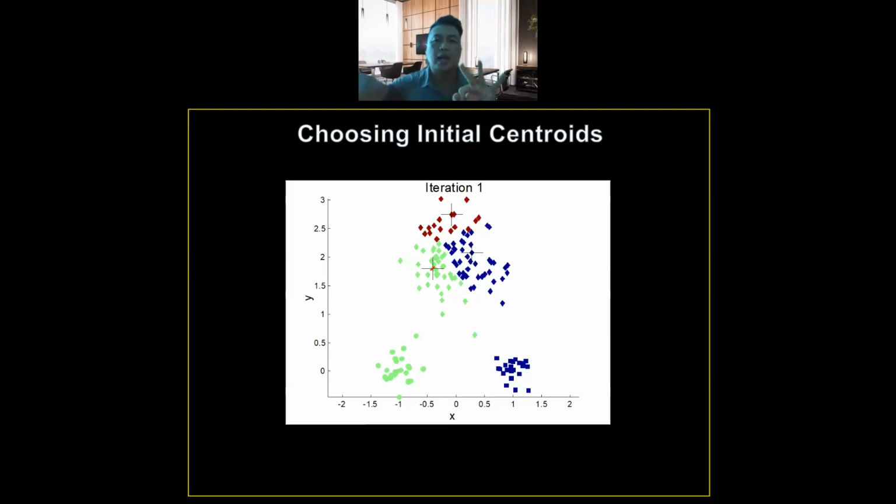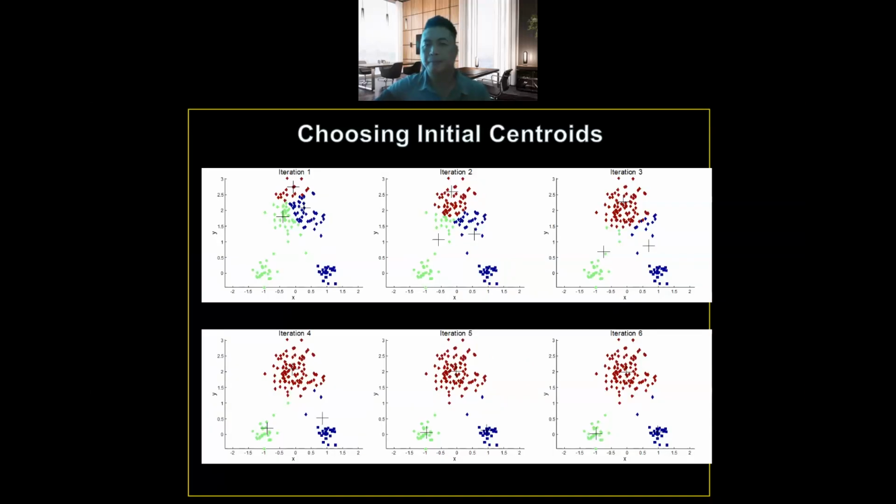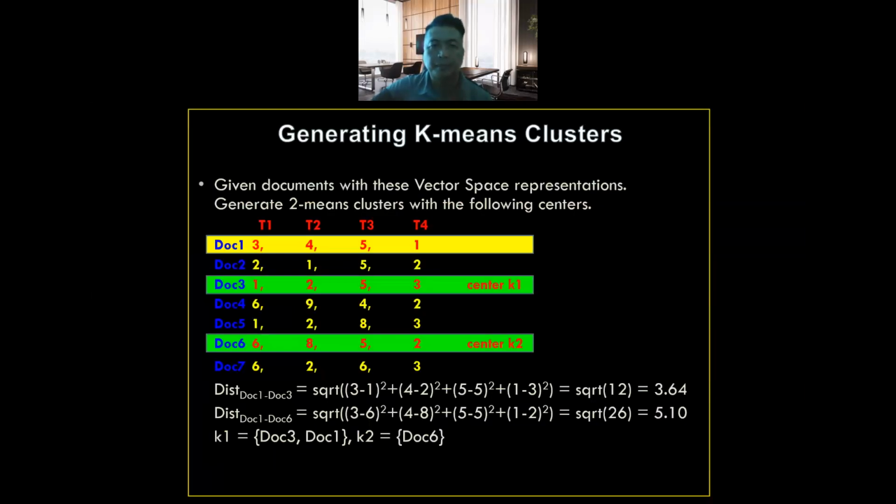Then I assign the remaining items to the nearest centroid. After that, I compute the new centroids. The new centroid will be this, and I keep updating until there is no change of centroids. That's how it performs the clustering task. At the end, we will have 3 clusters.